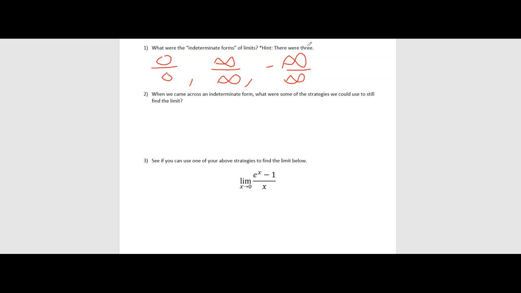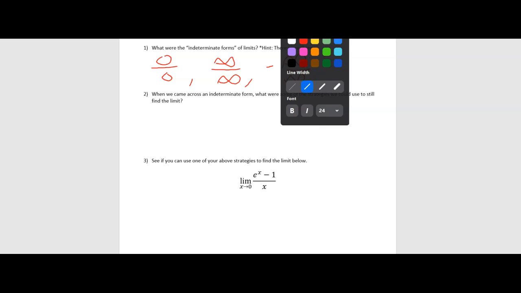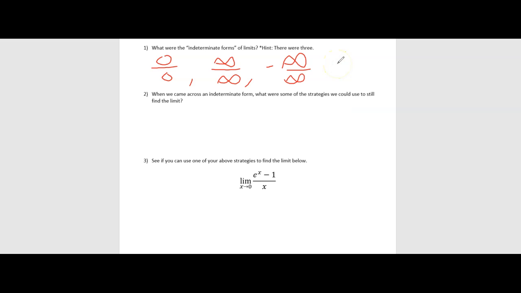So when we've worked with indeterminate forms, we know that means that the limit likely exists. We just have to do some more work to find it. And some of our strategies, well, you can pause the video and write down what some of those strategies were. We had factoring. We had conjugates.